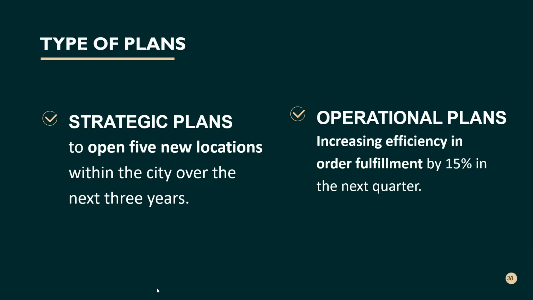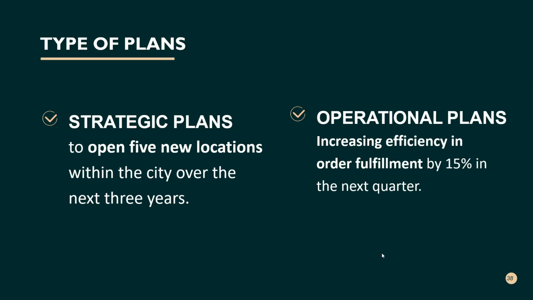Now, the operational plan on the other end could focus now on yung day-to-day operations of the coffee shop. So, anong gagawin nila? Ano magiging target nila? So, they could make an operational plan focusing on increasing the efficiency and order fulfillment by 15% in the next quarter.